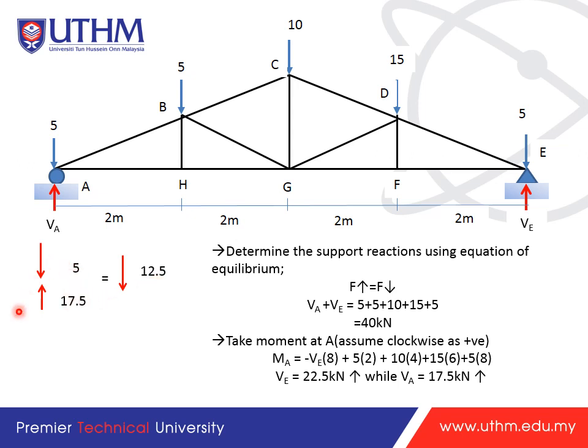So from here, 17.5 minus 5, we will get 12.5. So how about the directions? If you can see here, upwards, downwards to make it stabilize. So we need another downward direction force, 12.5. So this one will be 12.5.